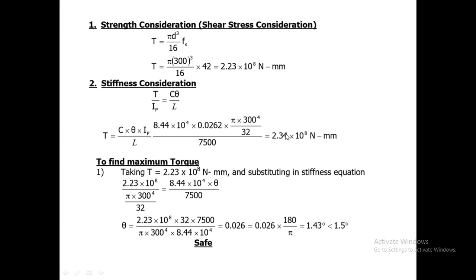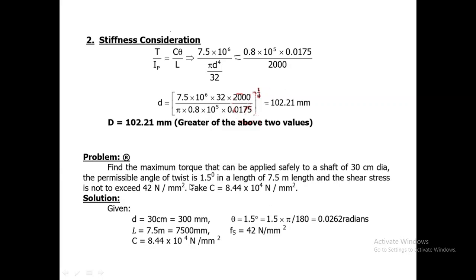If you apply 2.23 torque, the angle of twist will be less than the given 1.5 degrees. We substitute the torque 2.23 from the strength consideration into the stiffness equation and find the angle theta. Theta you will get in radians, and you have to convert it into degrees, multiplying by 180 by pi, and compare it with the given twist.